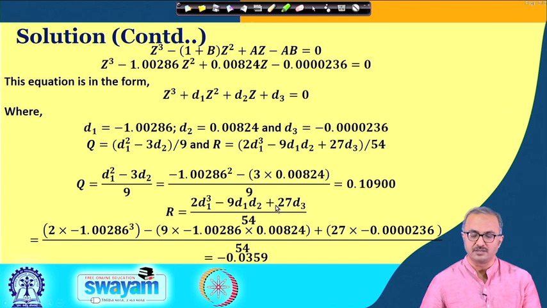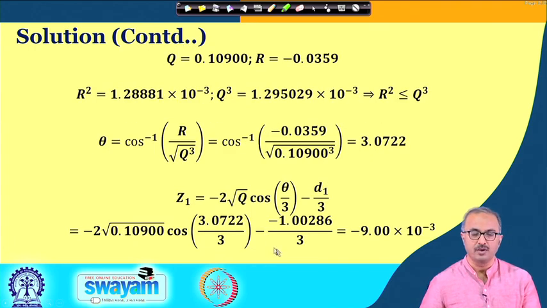Then we find the values of r squared and q cubed, and we find that r squared is less than q cubed, satisfying the condition as given by Cardano.